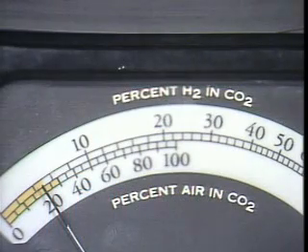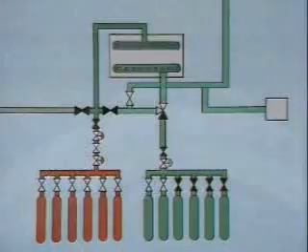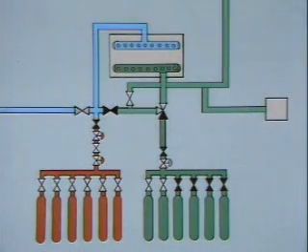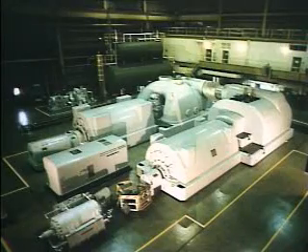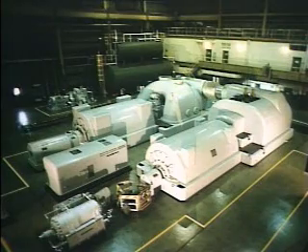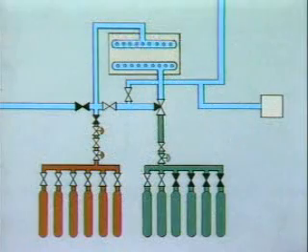When the gas analyzer shows that there is less than 5% hydrogen in the vent stream, the CO2 is turned off and the air supply valve is opened so that air enters through the top manifold. The air then displaces the CO2, which is vented to atmosphere. Now the atmosphere inside the generator is breathable, and necessary service can be performed safely.